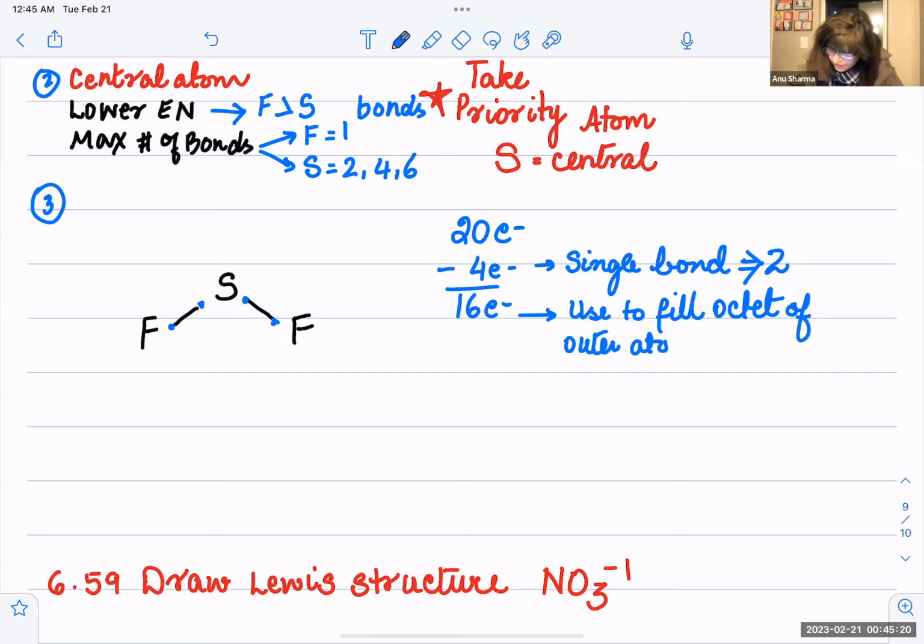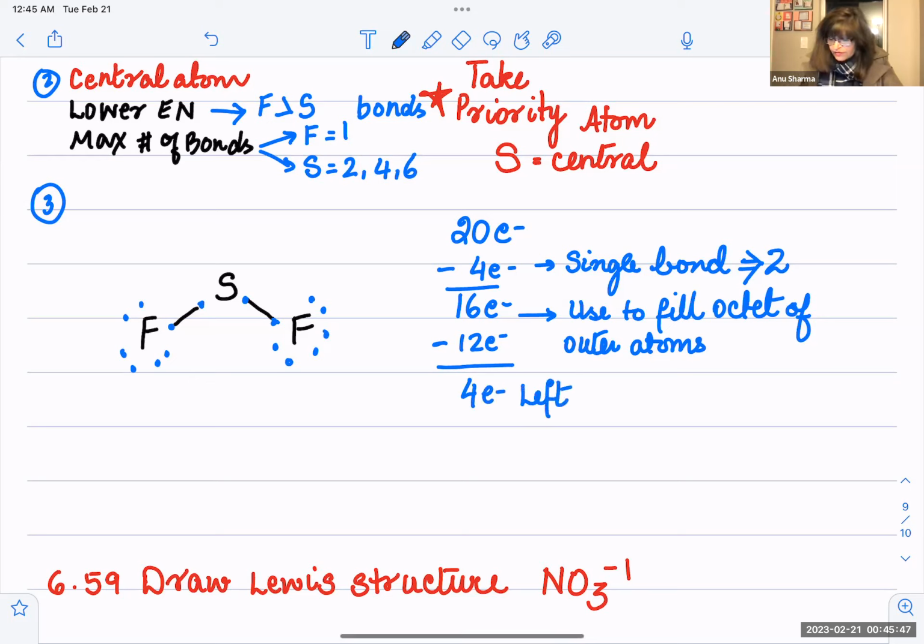Outer atoms. Okay, so 1, 2, 3, 4, 5, 6, 7, 8, 9, 10, 11, and 12. So 12 electrons have been used, and we are left with 16 minus 12, 4 more electrons. So these leftover electrons, where are they going to go?